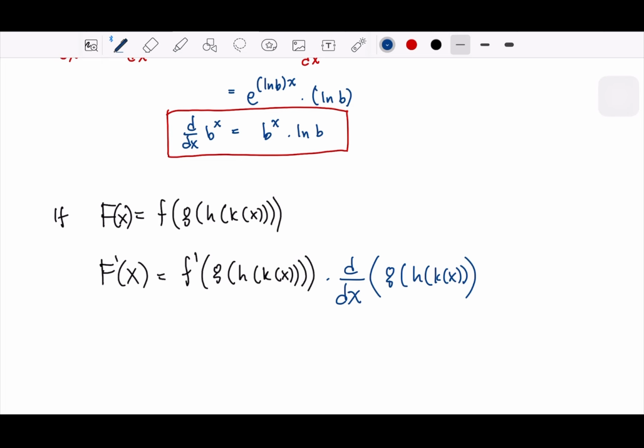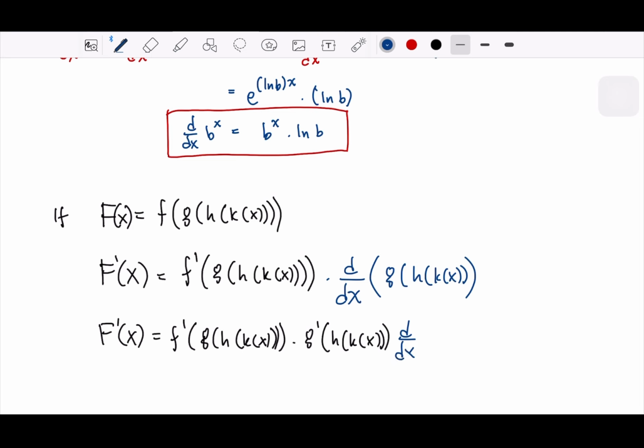Okay, and then you can write this. It is really long here, but let me take the time to write it, just to give you an idea that we can solve this. And then we can write the g prime and then take d/dx of the inside function h.